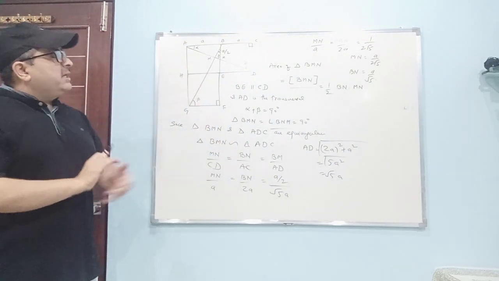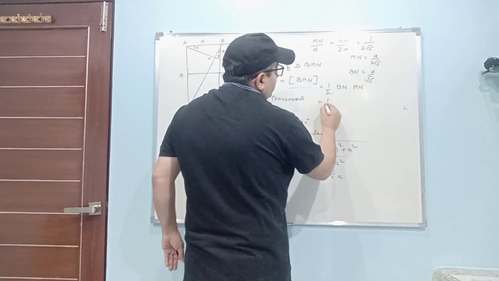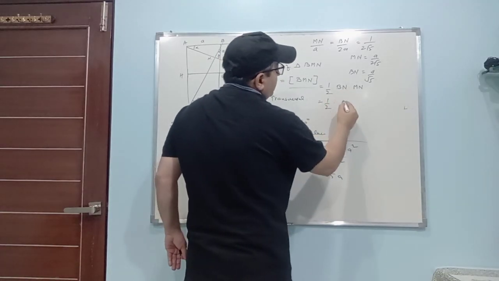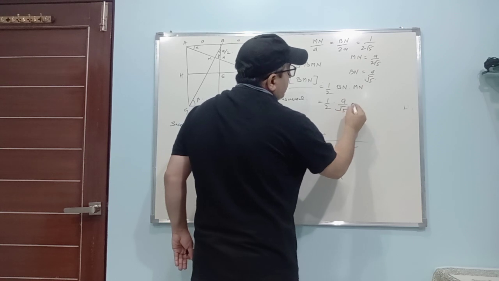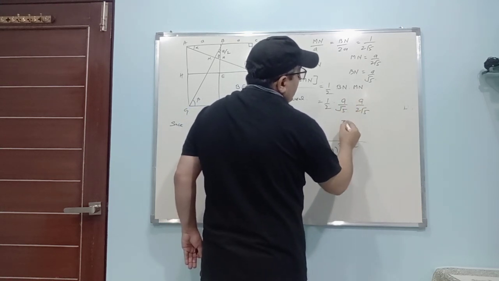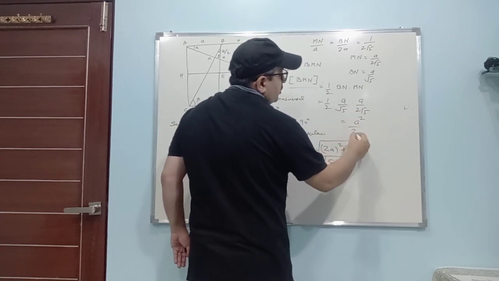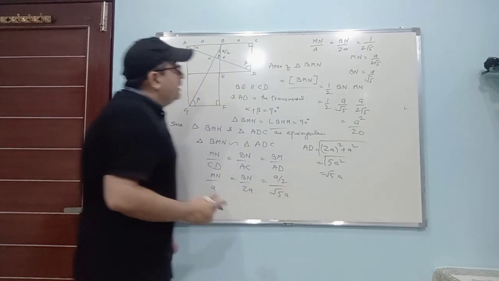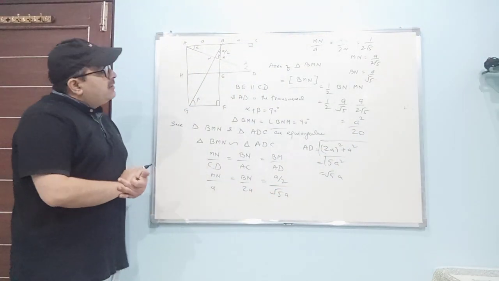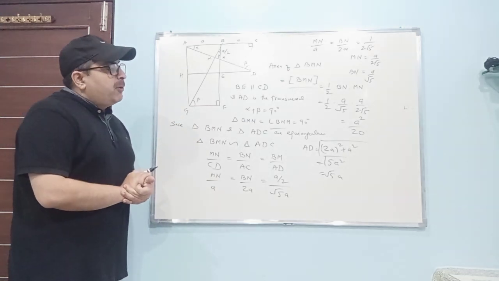Half base into altitude. Please put the value of BN, a upon root 5, MN, a upon 2 root 5, and you get a square upon 5 into 4, 20. The area of the triangle BMN is a square upon 20.